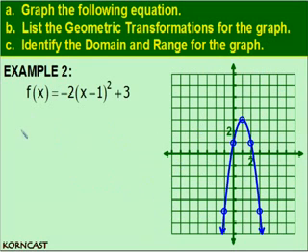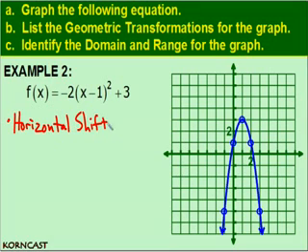Okay, now a list of geometric transformations. Again, because of the x minus 1 squared, there's going to be a horizontal shift right 1. And because of the plus 3, there's going to be a vertical shift up 3.